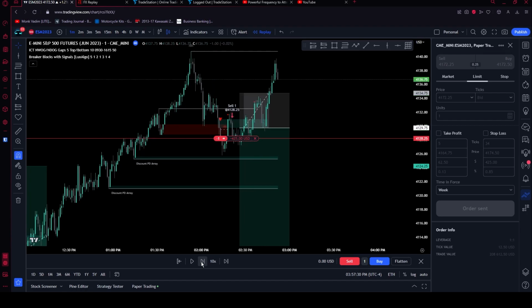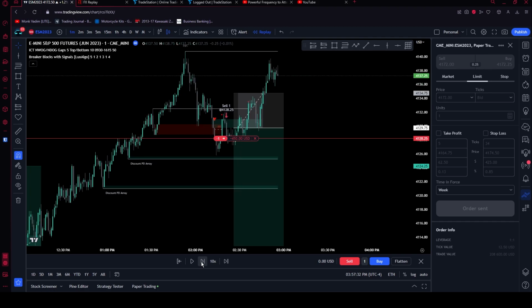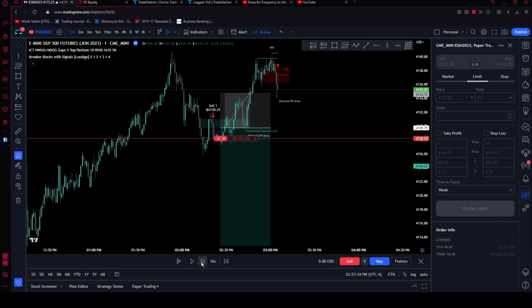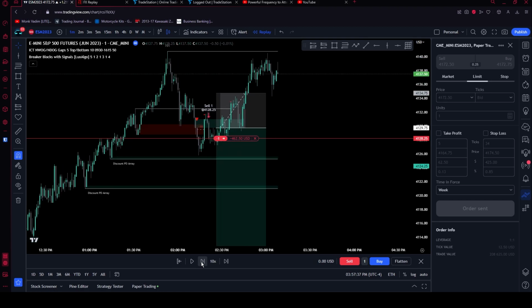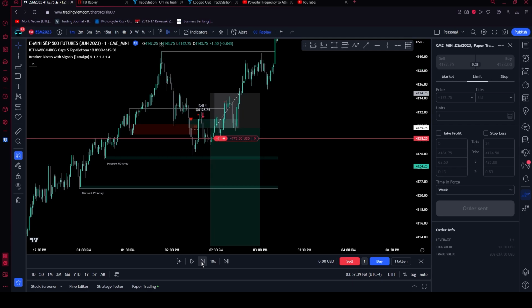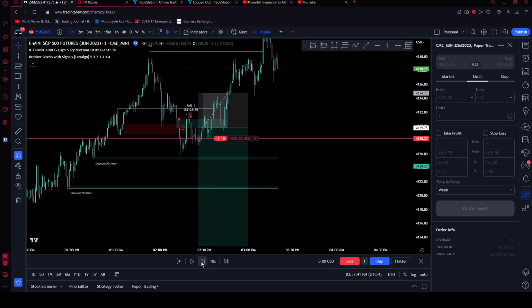It wants to go back to those other fair value gaps, and decides to continue moving on.